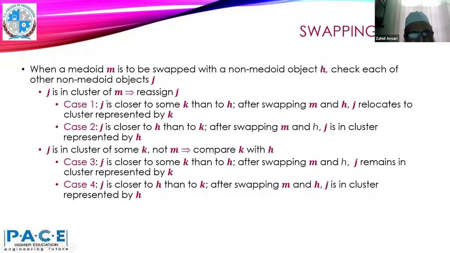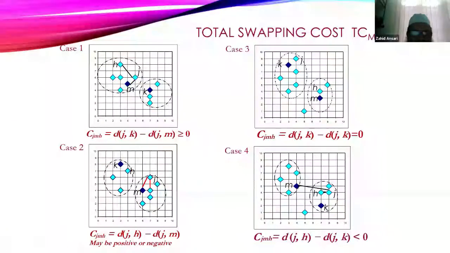Then if J is in the cluster of M, I'll go to the next slide. Let's say we have the medoid M over here, and a non-medoid object H over here.